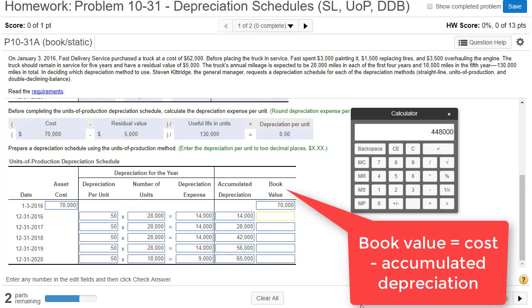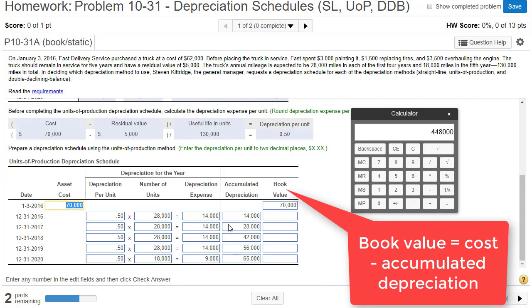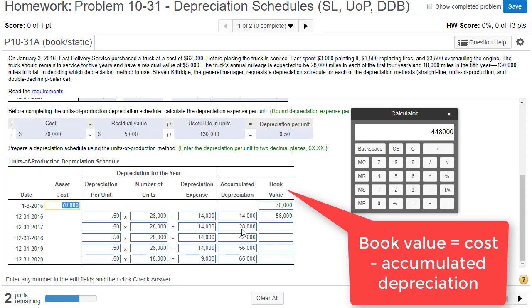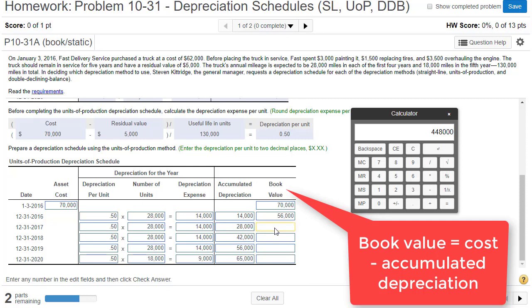Now we can calculate the last column, which is book value. Remember, book value is the cost of the asset, 70,000, minus the accumulated depreciation. So at the end of the first year, it's 70,000 minus 14,000, so that is 56,000. The next year, we've got the cost of 70,000 minus 28,000 gives us 42,000.